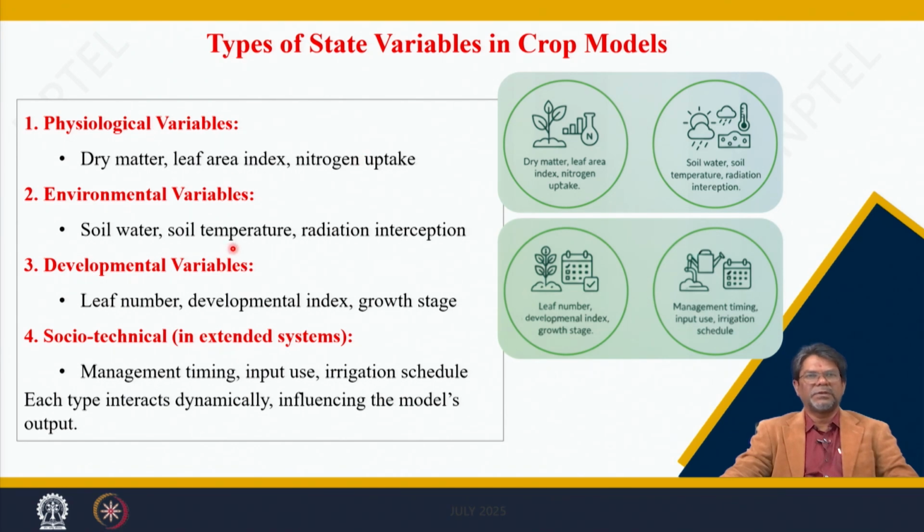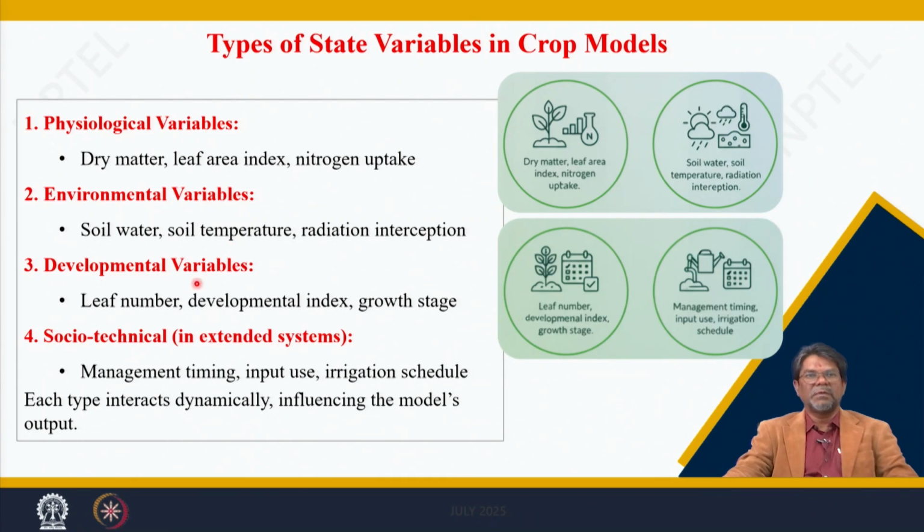Environmental variables include soil water, which changes over time; temperature, which is not constant; and radiation interception, which depends on the leaf area index. Because leaf area index changes, radiation interception also changes over time, and the radiation input also changes over time; it is not constant.